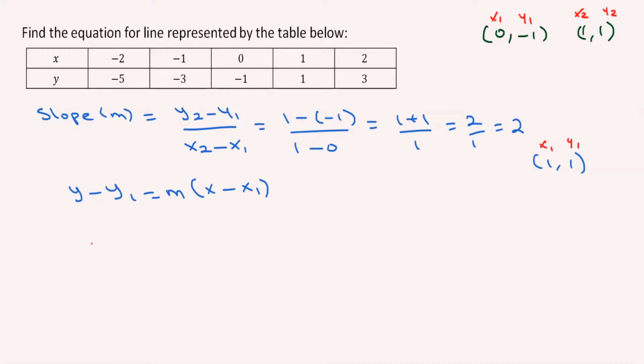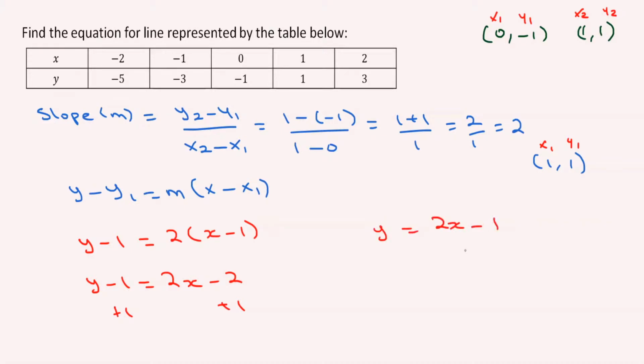Let's substitute our values. So y minus 1 equals slope 2, times x minus 1. Let's simplify now. y minus 1 equals, we distribute, 2x minus 2. Now we add 1 to both sides of the equation. So y is equal to 2x minus 1. So that is the equation of our line.